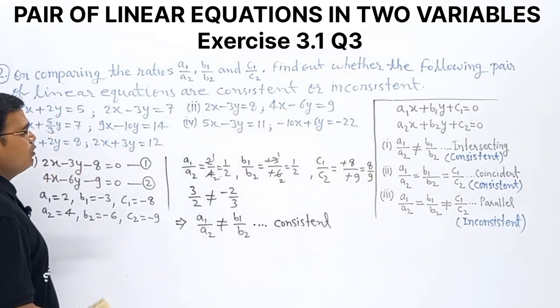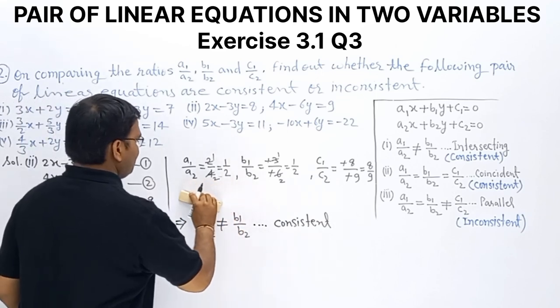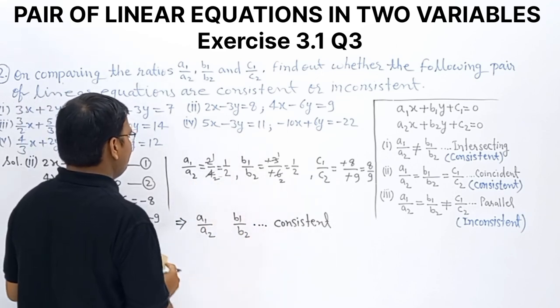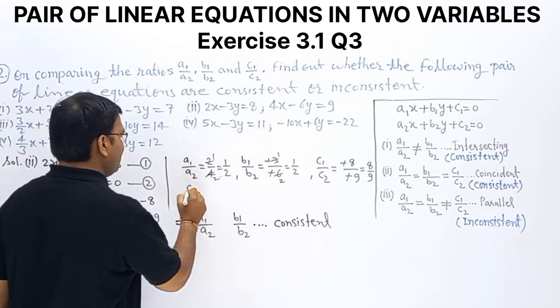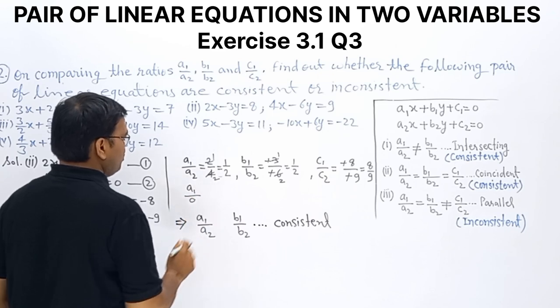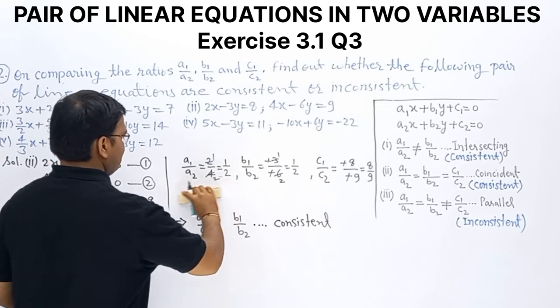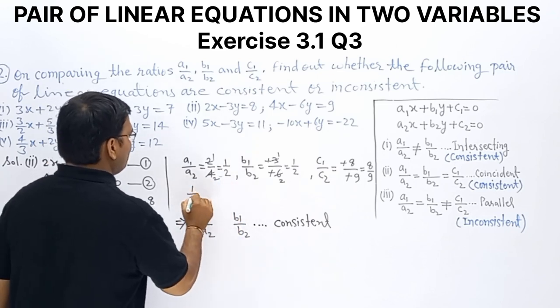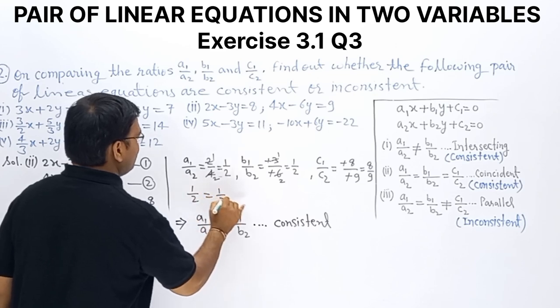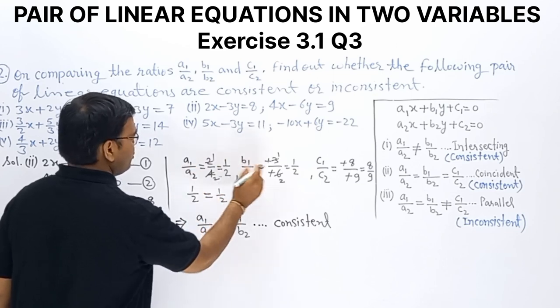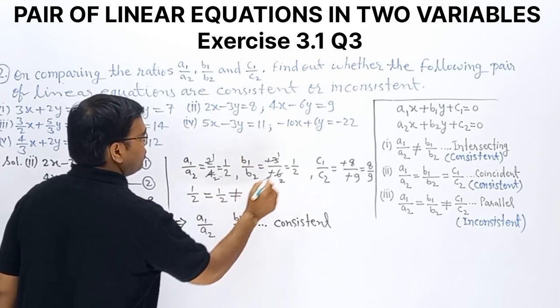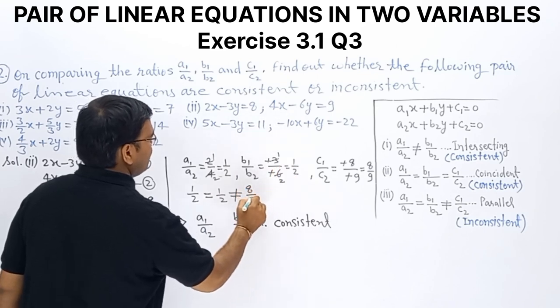So finally what can we say? We can say a1 upon a2, I am writing 1 upon 2, equal to 1 upon 2. This ratio is equal to this one, but not equal to 8 upon 9.